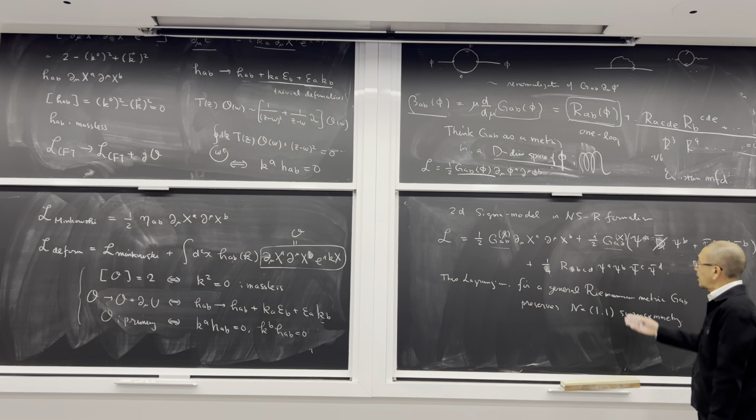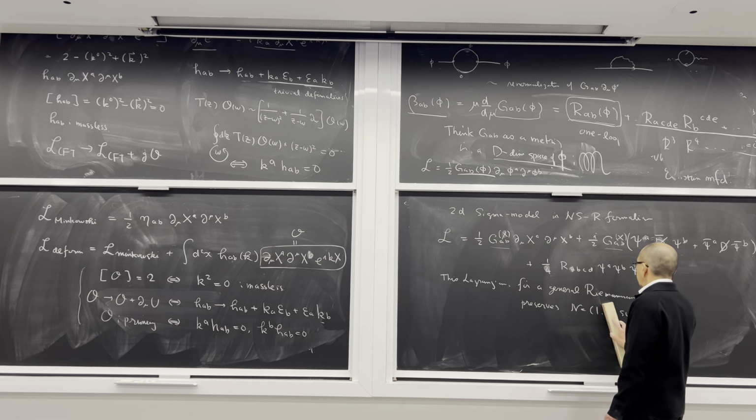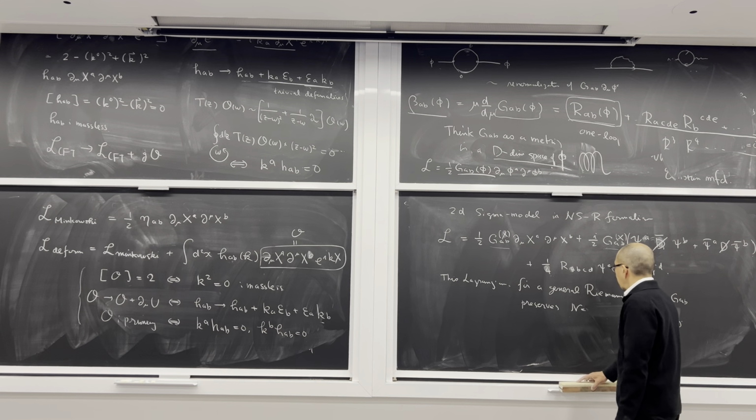So you have one supersymmetry for the left mover and one supersymmetry for the right mover. In general this is not conformal, so I should write it as N=1 supersymmetry.